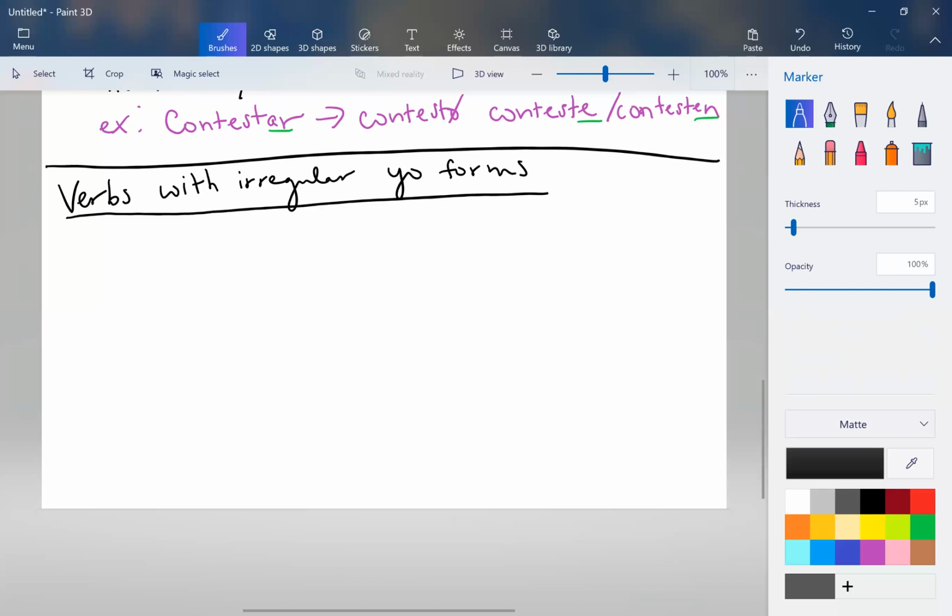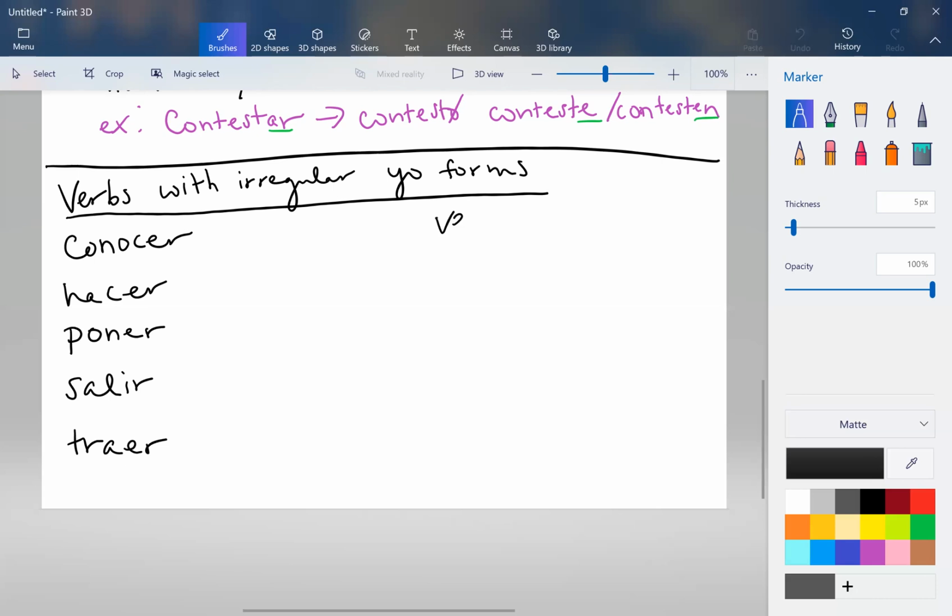Our verbs with irregular yo forms, the ones that we're gonna talk about today at least, are conocer, hacer, poner, salir, traer, ver, oír, decir, tener, and venir.